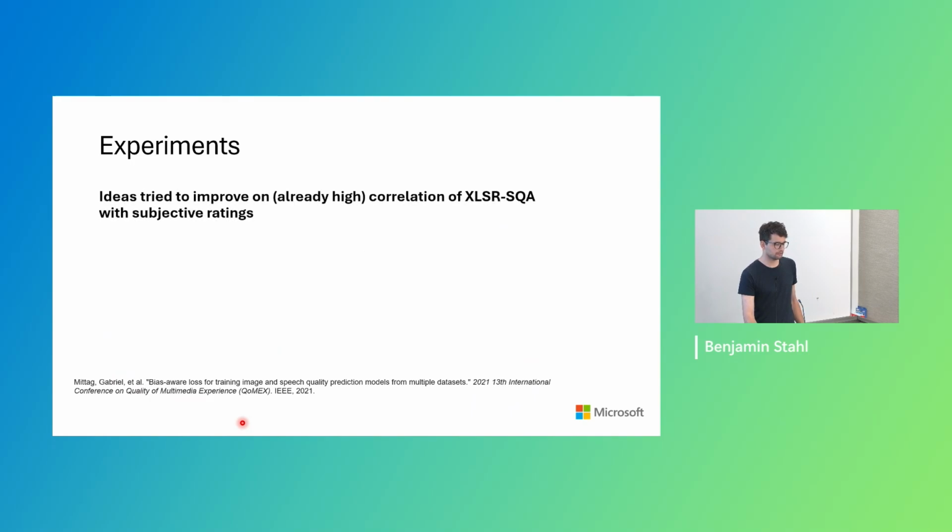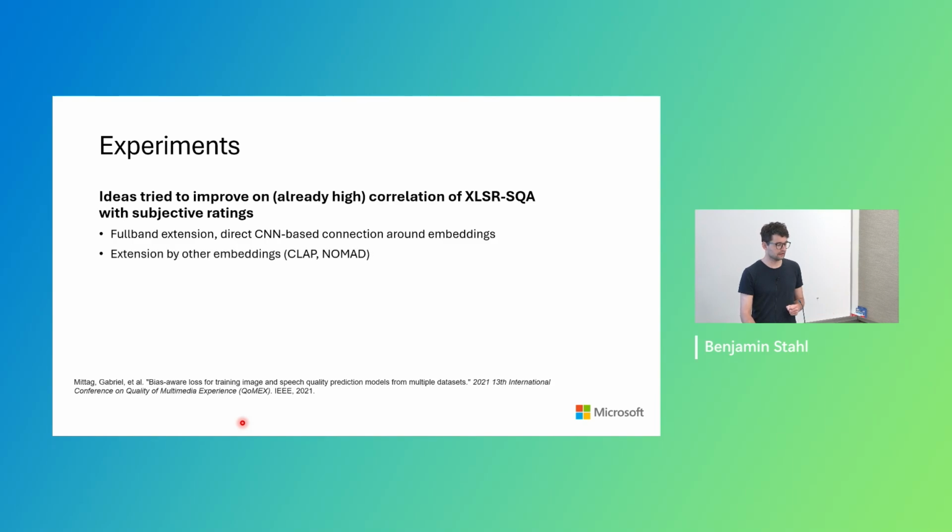So what were the experiments I did? The correlation of the original XLSR model with subjective ratings was already quite high, and it was actually not that easy to improve on that. What I tried was, one thing was a full band extension, a direct CNN-based connection around the embeddings, and also extending the XLSR embeddings by other embeddings.